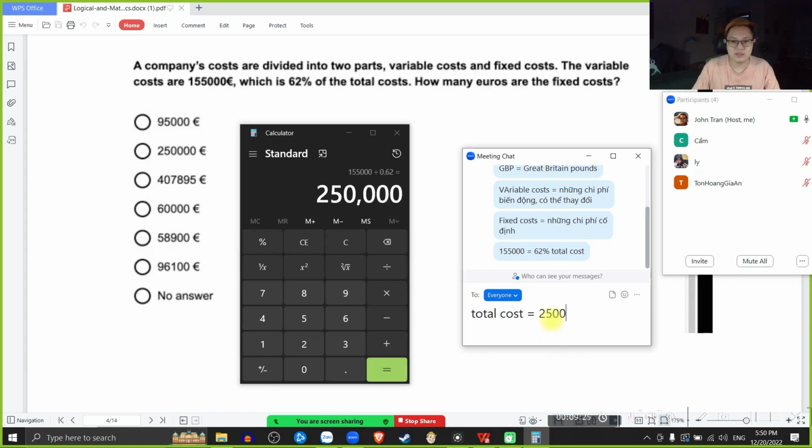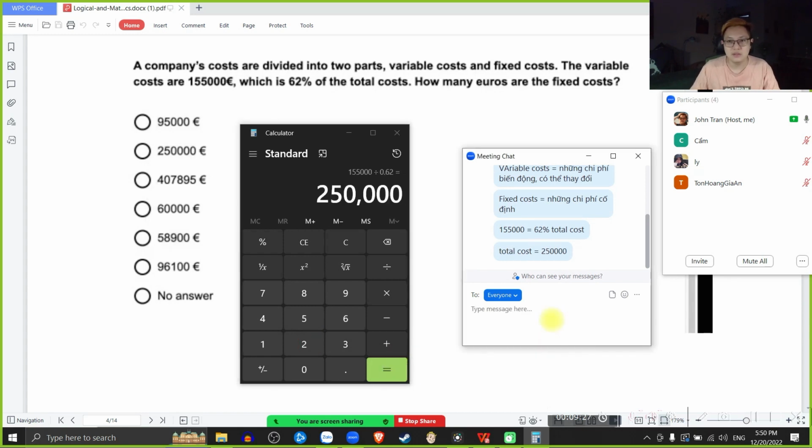It will be 250,000. But they ask for fixed cost. So fixed cost will be 250,000 minus 155,000 equal to 95,000. It must be 95,000.